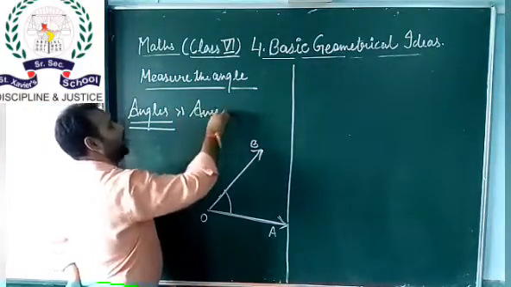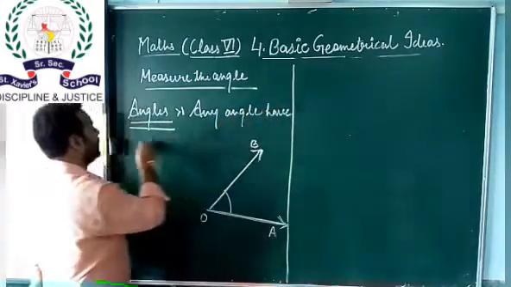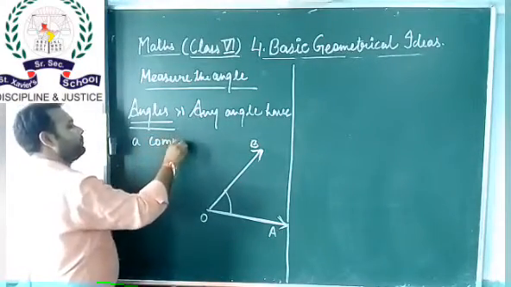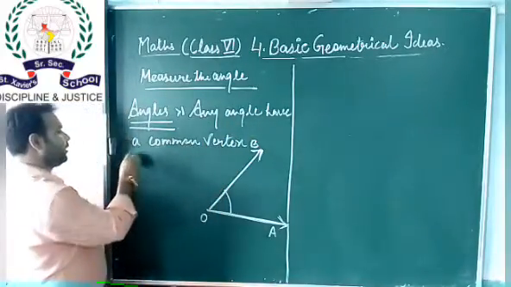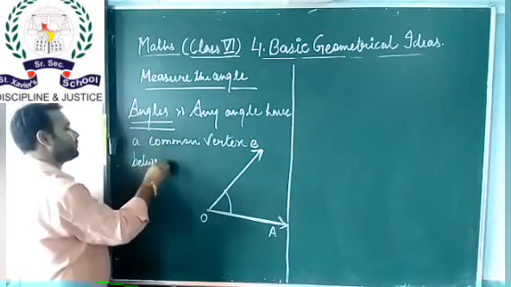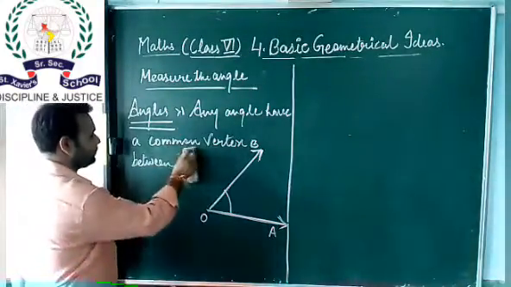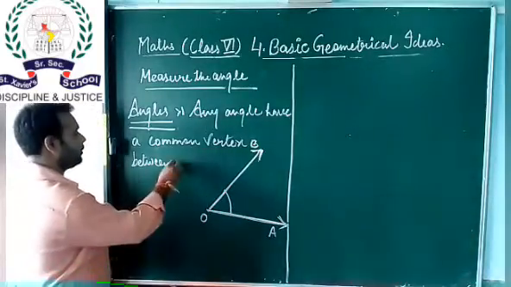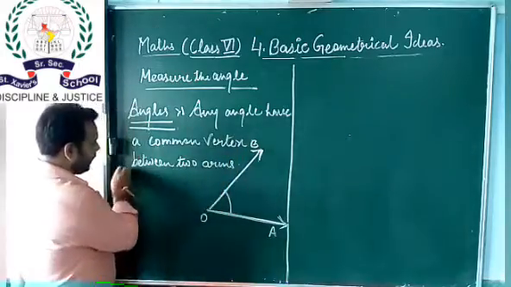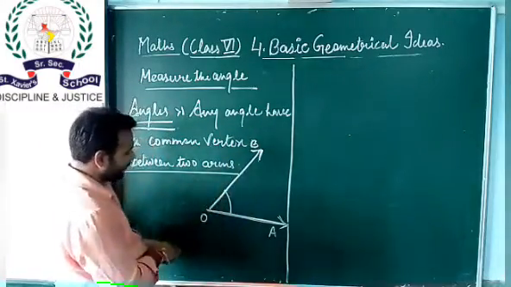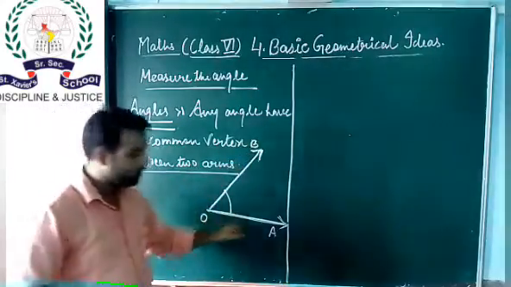Any angle has a common vertex between two arms. This point O is the common vertex because that is the arm OB and that is the arm OA.